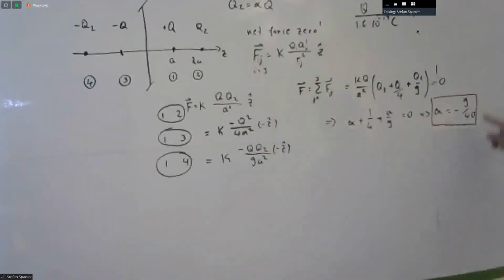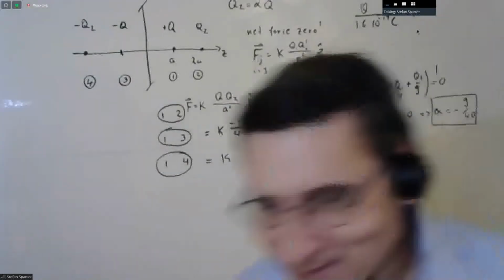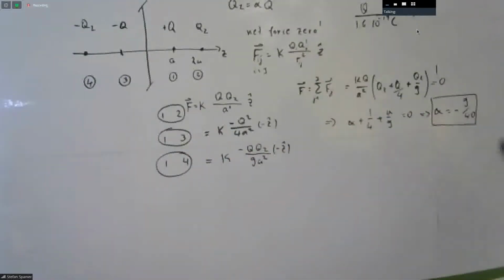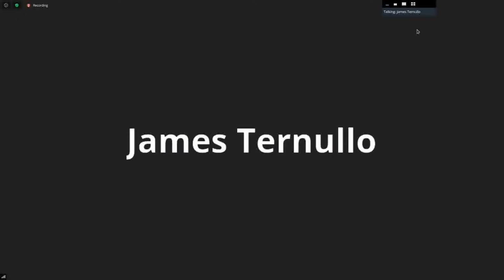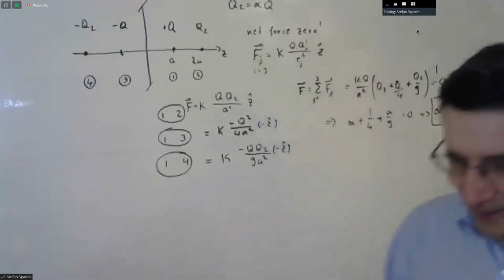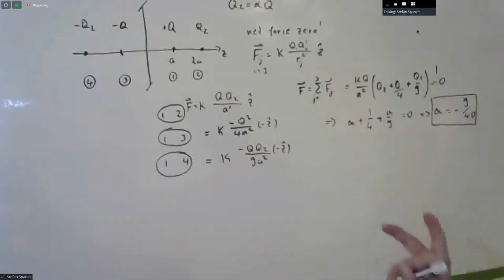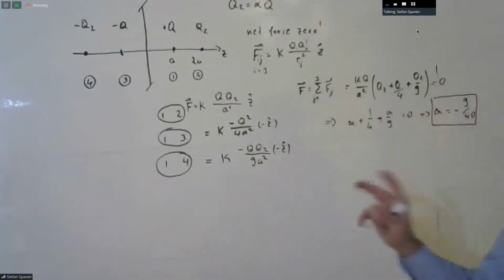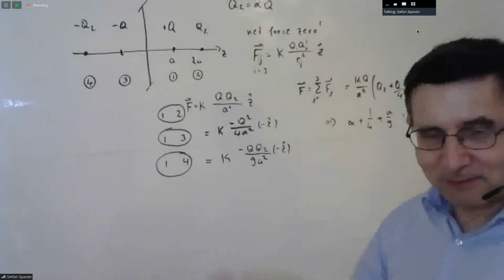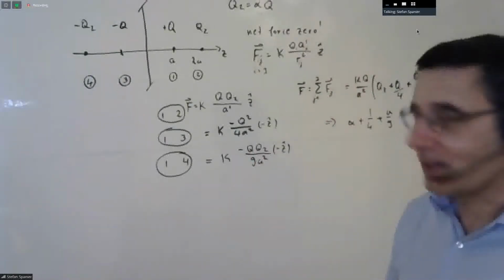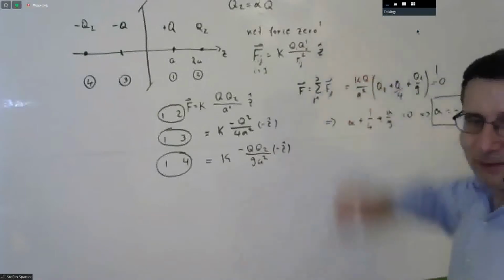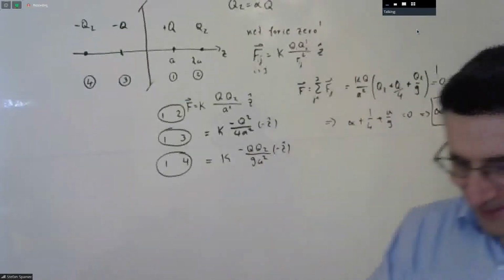It will be very easy to get the 9 over 40s of this. Make sense? Yeah, I just automatically assumed it was a unit charge of some sort. No, we are not there. Yeah, we're putting charges on spheres. On a balloon, you rub it on your hair, and this is not a problem.